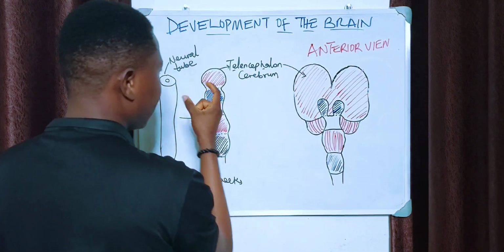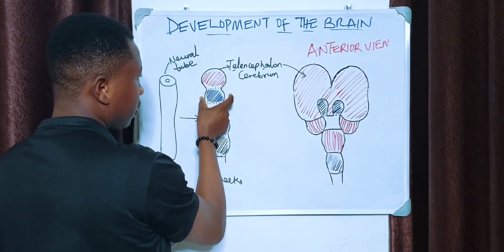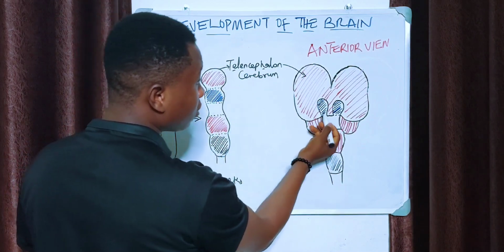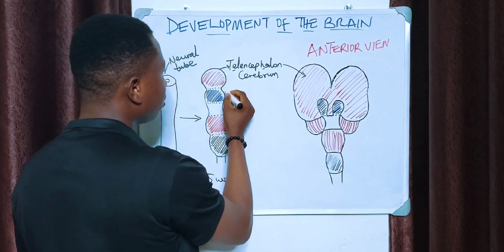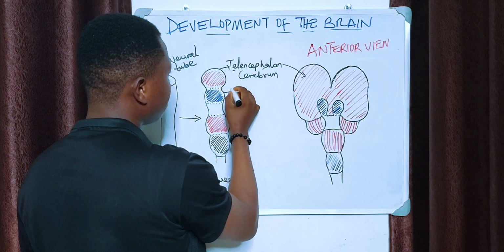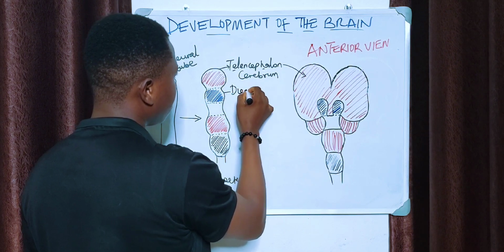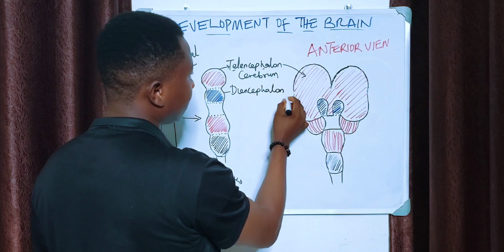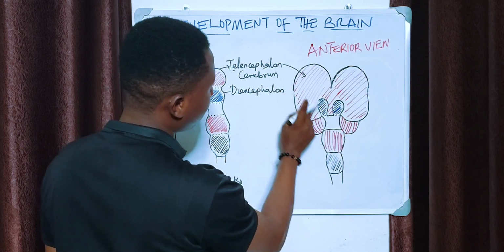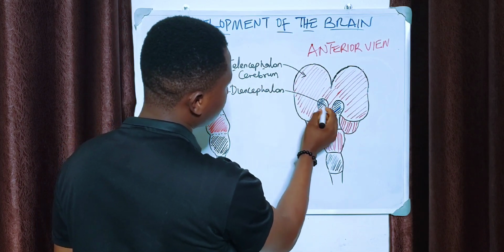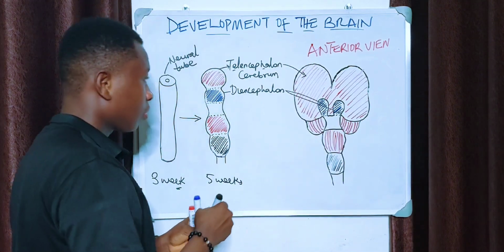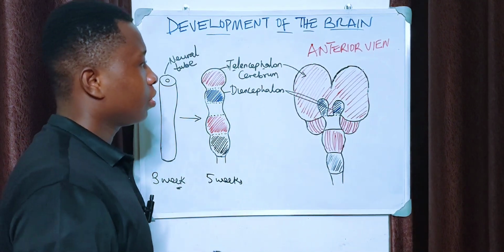Now, looking at the next part, this part differentiates to form this other part, and it is called the diencephalon. The diencephalon differentiates to form two structures. What are the structures there?